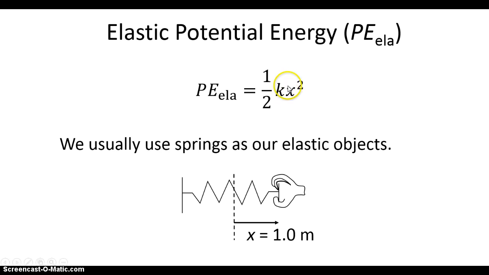In that case, x is just 1.0. It's how far we have stretched or compressed the spring. The important thing to remember for our problem solving is that whenever an object has compression or stretching x, it has elastic potential energy. Compression and stretching is the indicator for this type of energy.